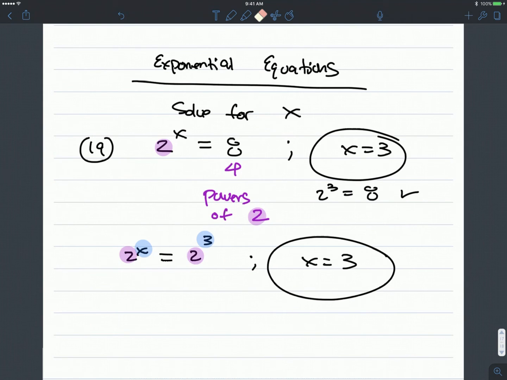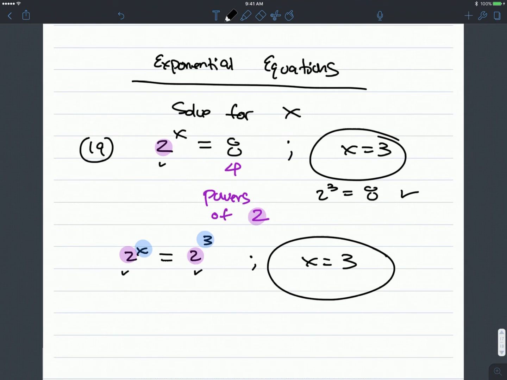Well, let me formalize this. Well, how do we formalize that? You guys want to formalize it? Yeah, it's fine. What you want to do is notice that 8 can be written as 2 to the 3rd power. Now, why is that so important? Because this base here was 2.